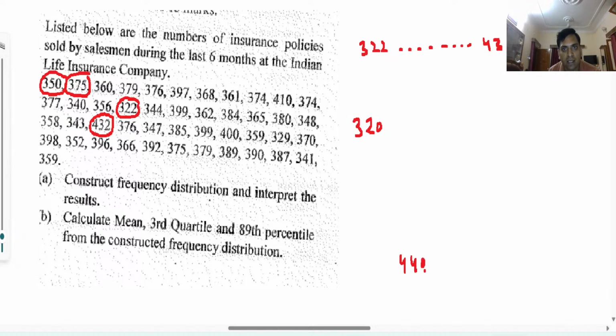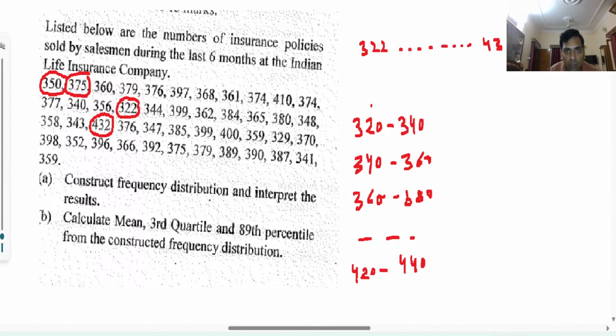We can take the interval up to 440 maximum. So you can take 320 to 340, the next interval is 340 to 360, and next is 360 to 380. In that way you can write the intervals, and the last interval would be 420 to 440.